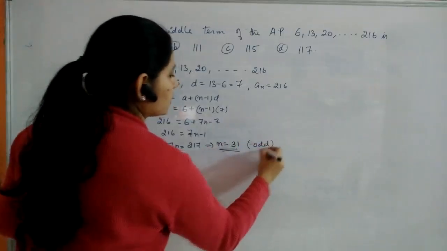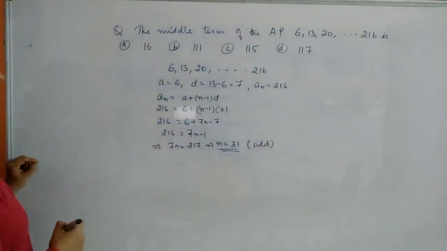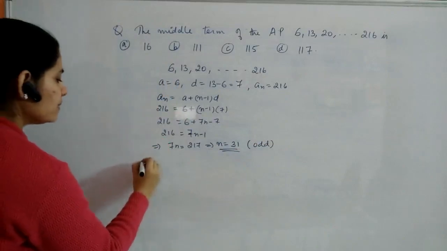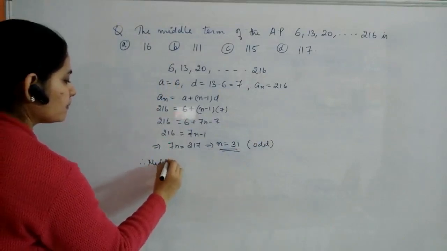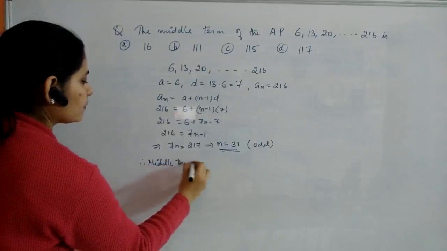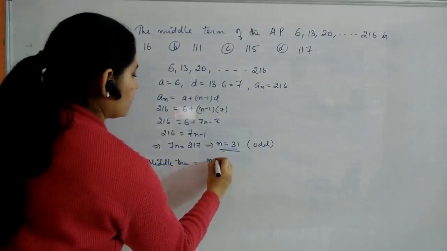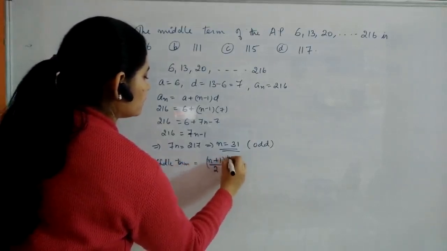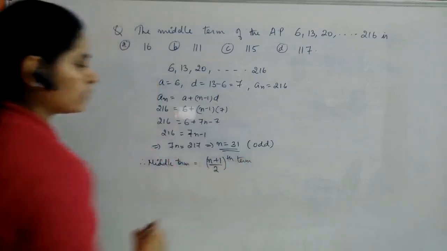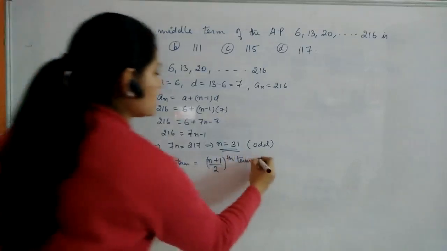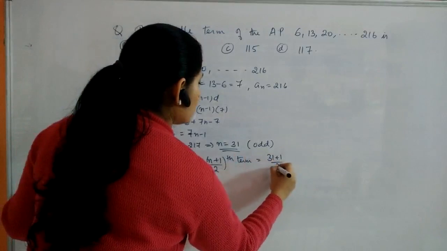And when n is odd, what is the middle term? Middle term will be n plus 1 by 2th term. Right? n plus 1 by 2th term means what? 31 plus 1 by 2th term.